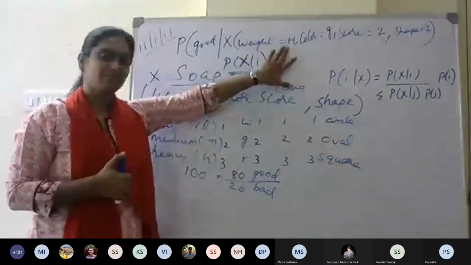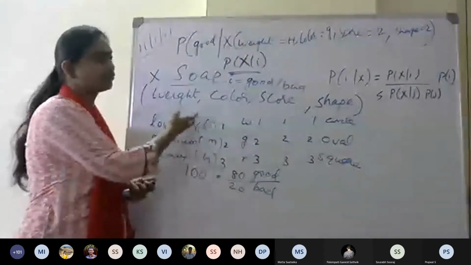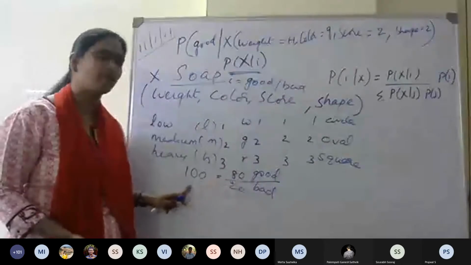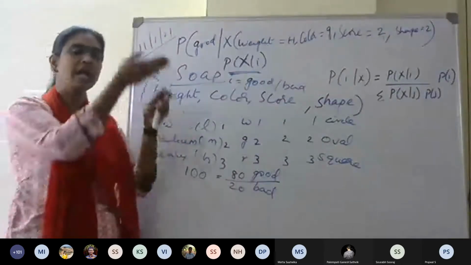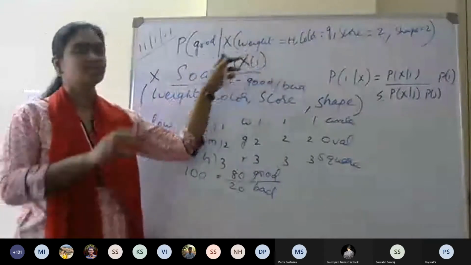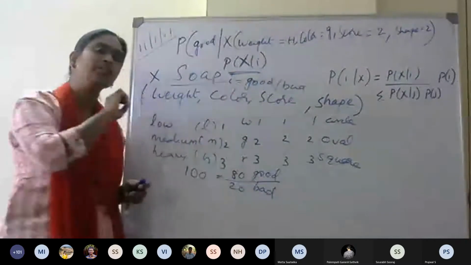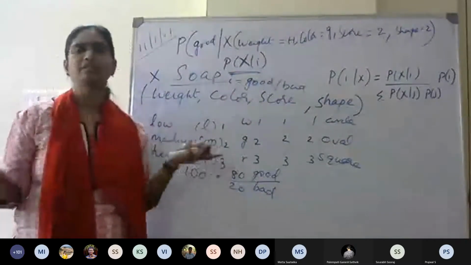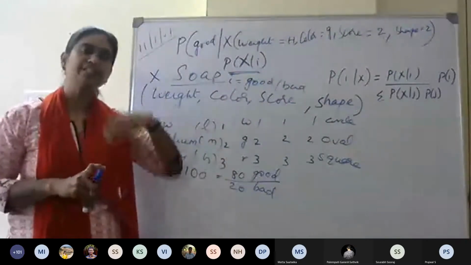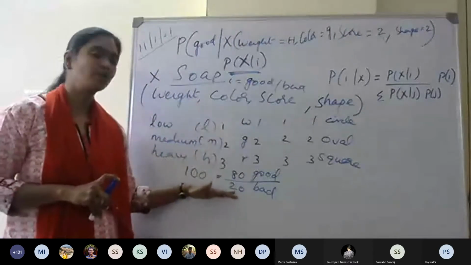Out of all the 4 factorial combinations, suppose I am assuming 100 records. In the 100 records, this combination of X, given that it is good, may not have appeared at all. Only if it is there can I find out, say out of 100 records, 80 are good.